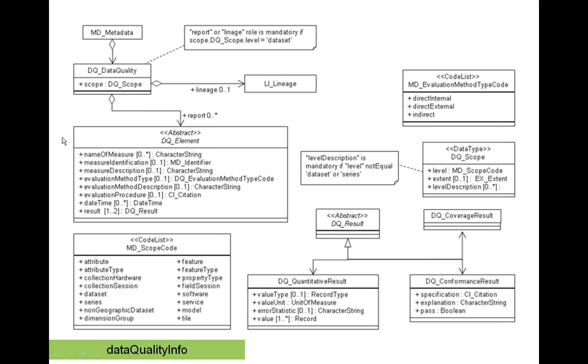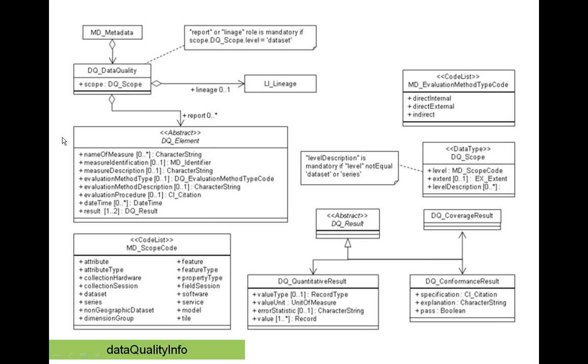And you have all types of different quality controls that you can have. You can have lots of different reports, the data quality reports. And when you get the standard, it goes into a lot more detail about those different reports. And you just select one. You can do a specific report on the omissions that are in your data, the holes or gaps.